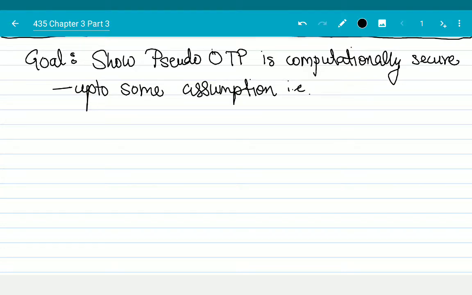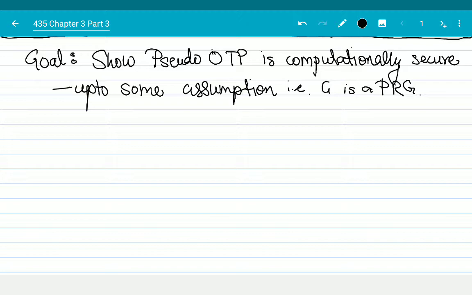We don't even know if pseudo-random generators actually exist. We talked about that last time. We don't know if the algorithms we currently have are actually pseudo-random generators or not, but we assume that to be true and we just hope that works.